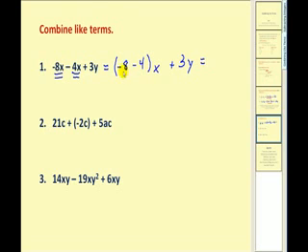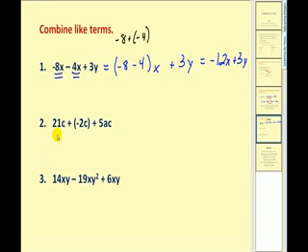Now there's a couple of ways to address this subtraction problem. We covered this in previous videos. We can leave this as subtraction, that's fine, or if we want to convert it to addition, it would be negative 8 plus negative 4. Either way, we're going to end up with a negative 12, so negative 12x plus 3y.